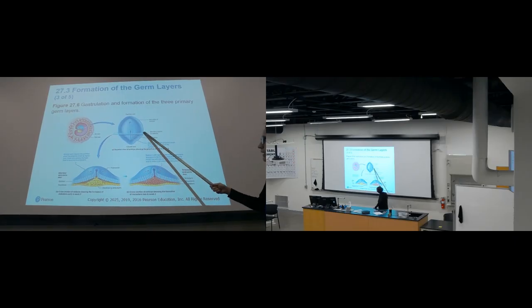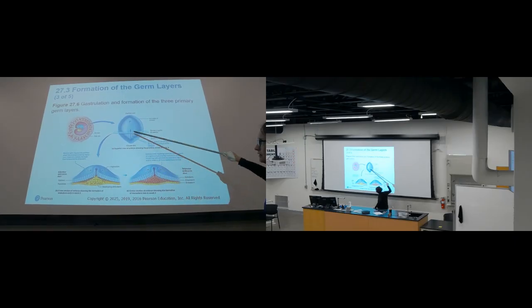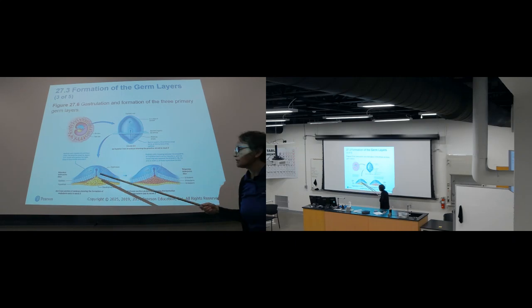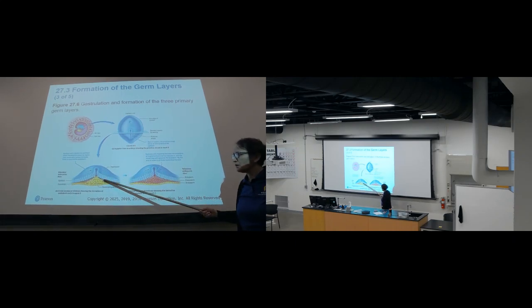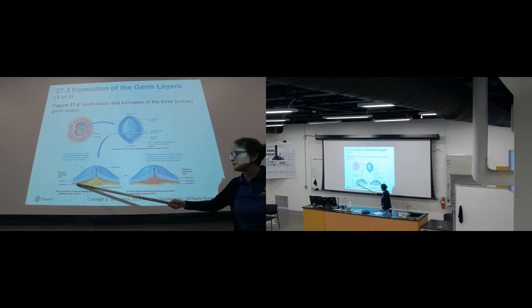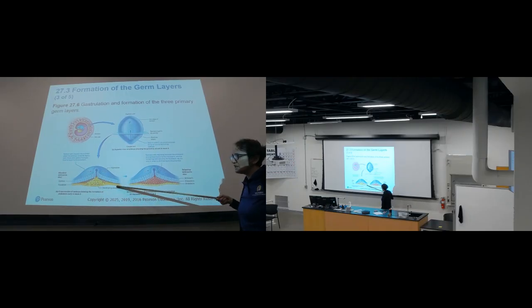So if you make a cut and then you see this bottom part, you can see here the epiblast, which is a simple columnar epithelium, and these hypoblast cells, which are basically cuboidal cells.